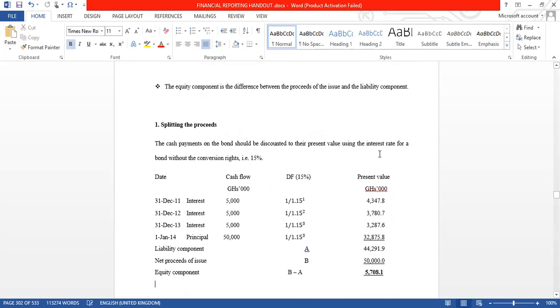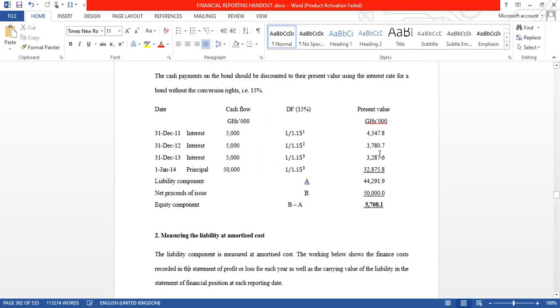All right, so our step one is to go through and split it. How do we do that? By going through and using the cash flow. Remember, cash flow is the principal and interest. So you go through this.